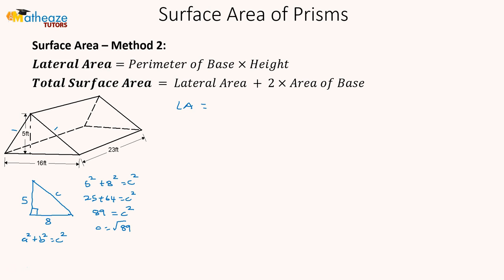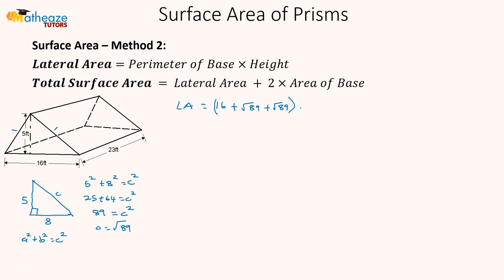So our lateral area is the perimeter of the base, which is 16 plus square root of 89 plus the square root of 89, and we multiply that by the height. The height is 5.